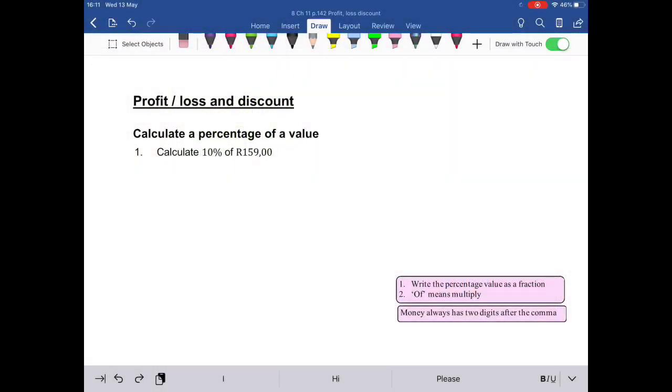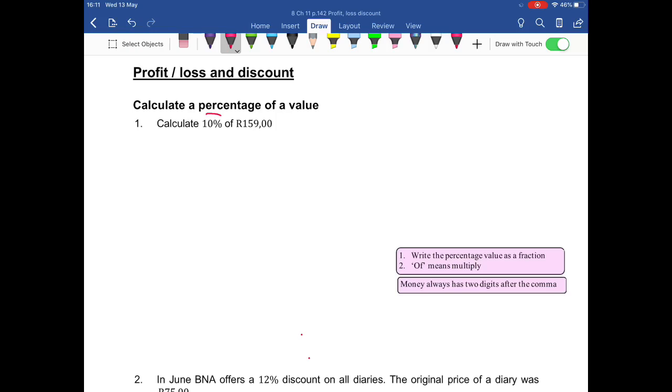The first skill you're going to have to master is calculating a percentage of a value. So in this case, 10% of 159 Rand. Right at the outset, I would like you always to write 10% as 10 over 100, so that you don't get mixed up whether it is a unit or part of the calculation. So 10% is 10 out of 100, as we learned yesterday.